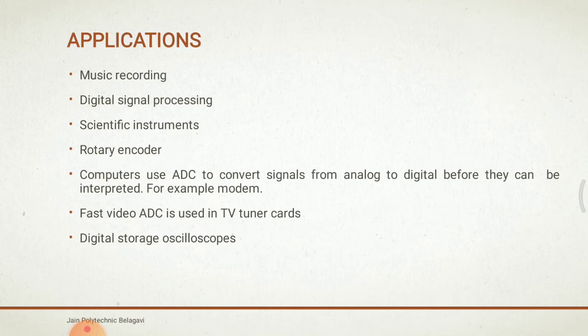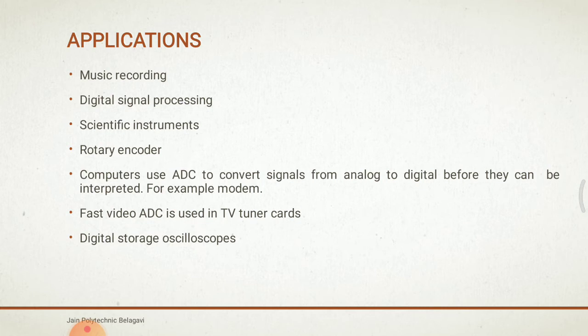There are some applications of analog to digital converters, such as music recording. For music recording, for example, you take a mobile and speak in front of it, so your voice signal is converted into an electrical signal, then you process it. That electrical signal is again converted into digital signals, so the analog signal is converted for digital signal processing.